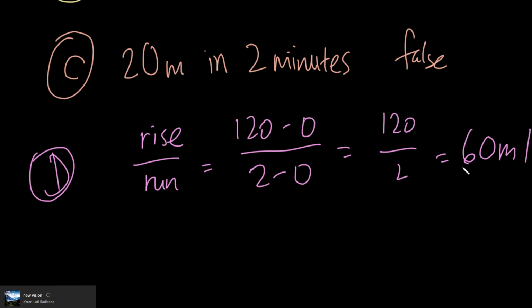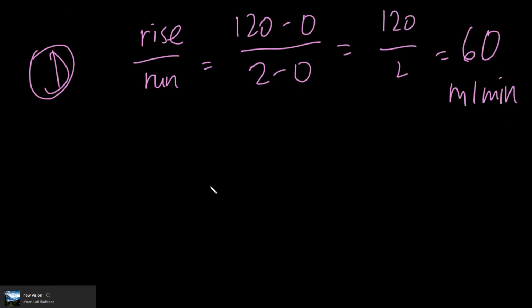So 60 meters per minute. And then I'll do the second statement as well. The second one here is also rise over run. Now we're talking about the fourth segment, so that's going to give us minute 6 to minute 8.